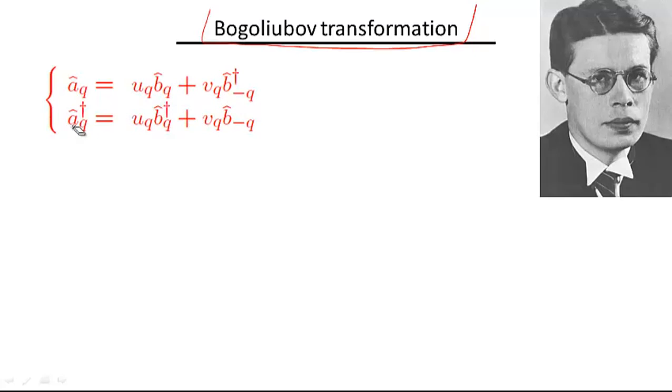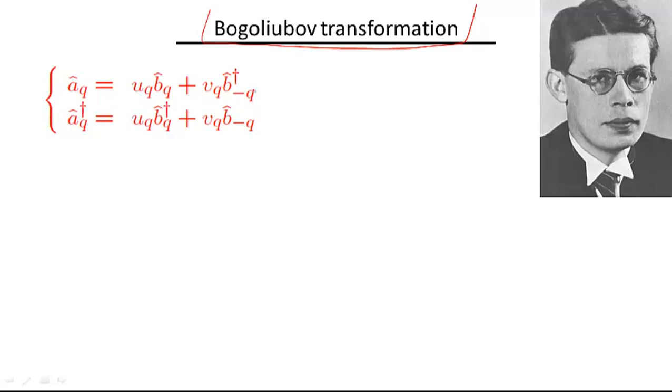In this case, the second definition here is redundant, because the definition of the creation operator can be obtained from the definition of the annihilation operator simply by applying Hermitian conjugation. But in any case, let us assume that we can construct such operators. The first thing we need to do, and I'm describing the strategy of constructing Bogoliubov transforms, is to make sure that b and b dagger are indeed creation and annihilation operators.